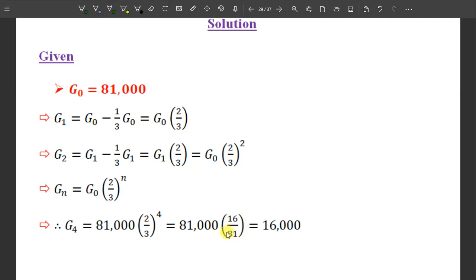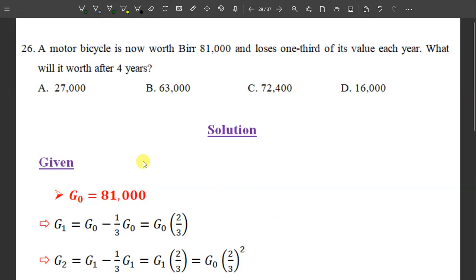Then this 81 cancels this 81. We are left with 1,000 here. 1,000 times 16 becomes 16,000. That is the amount of money that this particular motor bicycle will be worth after 4 years.